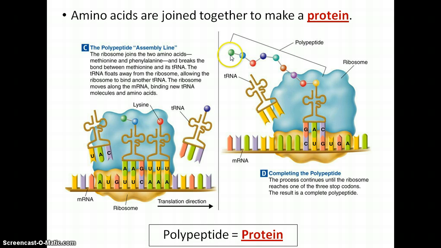You'll notice here this chain beginning to form. We call this a polypeptide, and we'll use this term again later, but basically what I want you to know is that these amino acids are joining together to make a protein. Polypeptide is simply another word for protein.